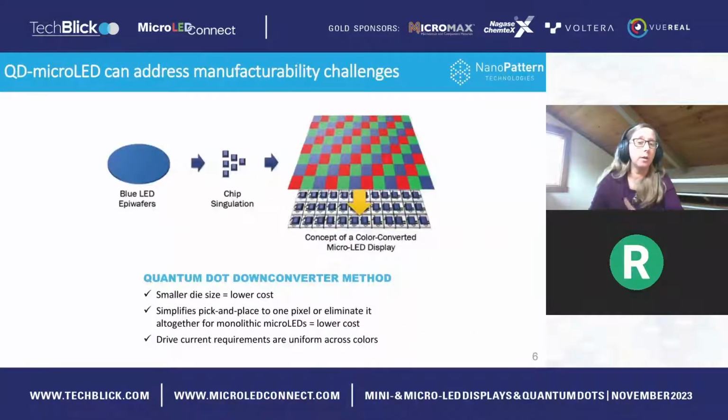So we think that quantum dot downconverted microLEDs can address all of these challenges. We can enable smaller die sizes, we can simplify the mass transfer, and we can make the drive current very uniform just by only driving blue LEDs.